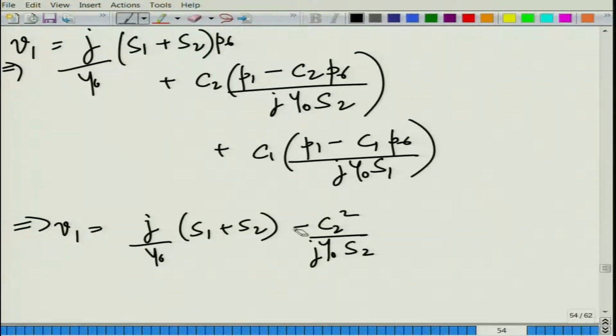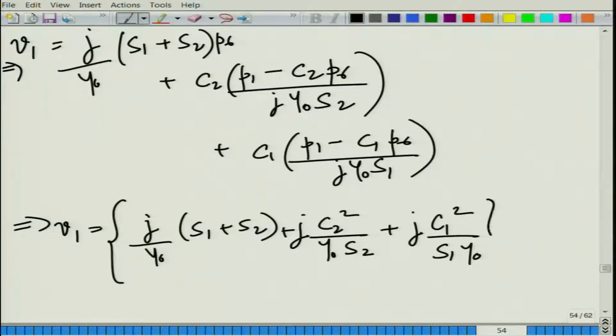So this can be written as plus j square. So this will be plus j. Okay, minus j square is just j, minus 1 is just j square. This can be simplified further, and plus you also have j C1 square by S1 into Y naught. The entire thing is multiplied by P6. Okay, that you get.